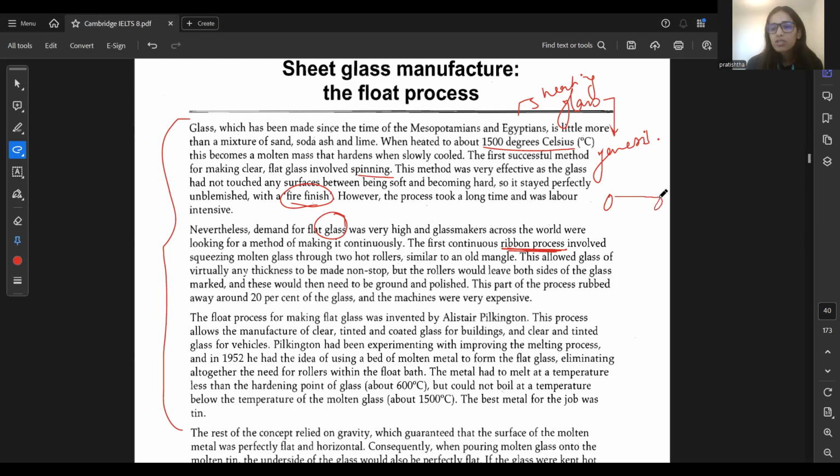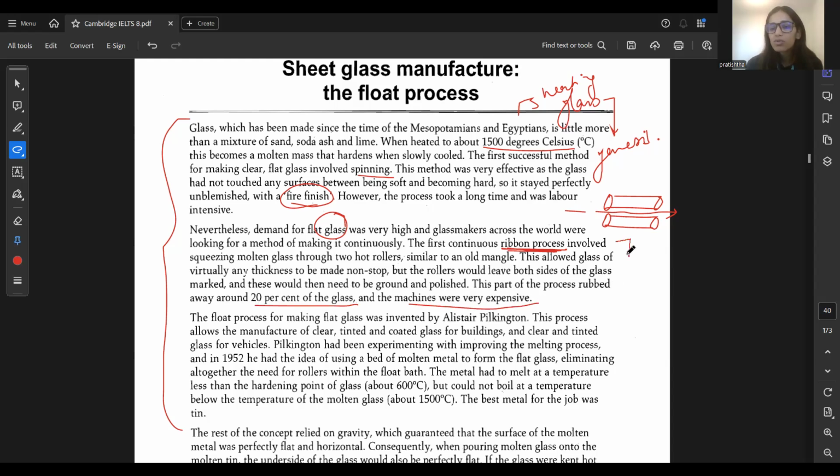So just imagine this is like the hot roller and the glass was passed through it to make it probably flat. This allowed glass of virtually any thickness to be made non-stop, but the rollers would leave both sides of the glass marked, and these would then need to be ground and polished. This part of the process rubbed away around 20% of the glass, and the machines were very expensive.